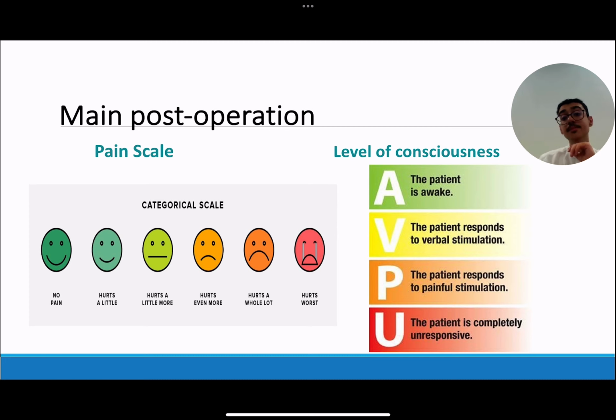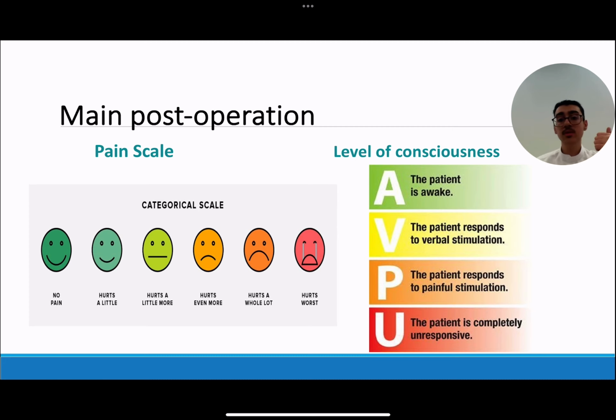If the patient says 5 to 6, it hurts a little more. If he says 7 to 8, it hurts even more. If he says 9, it means it hurts a lot worse, and if the patient says 10, it means it hurts the worst. So when the patient says the pain level is 10, it means the patient is feeling extreme pain. Let's go to level of consciousness.